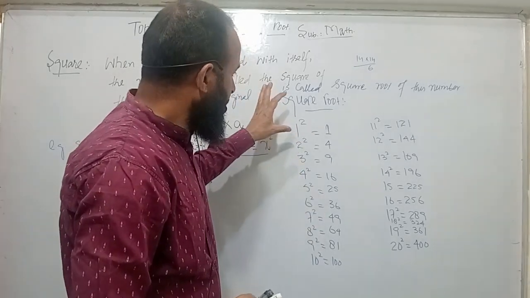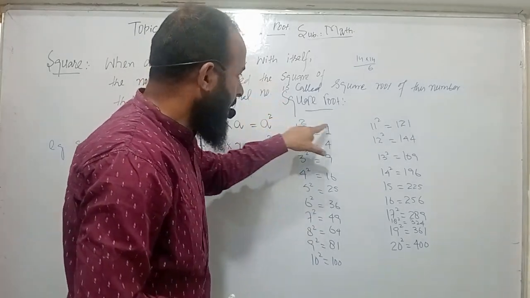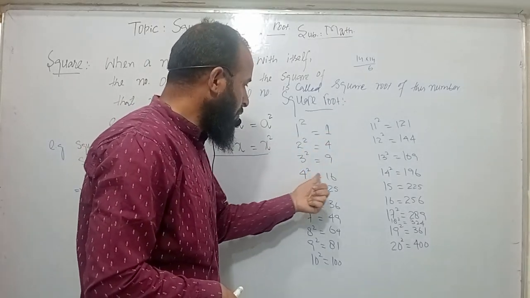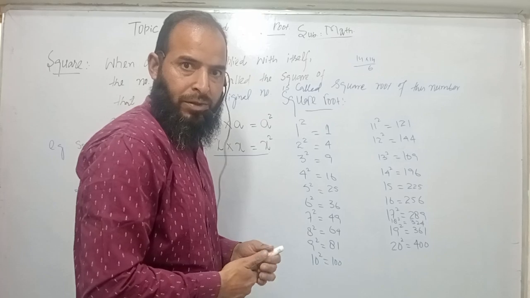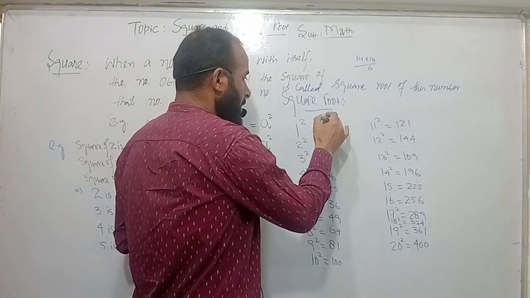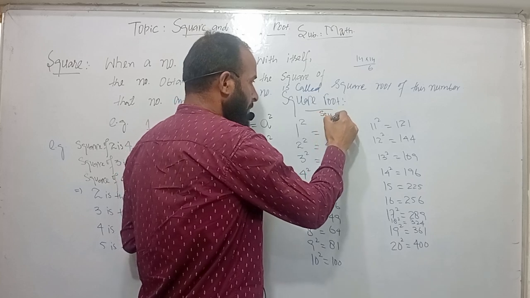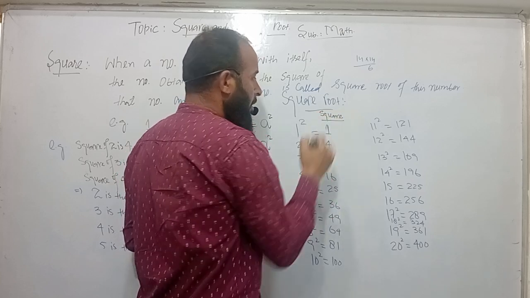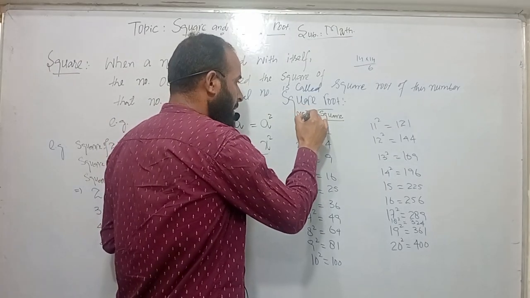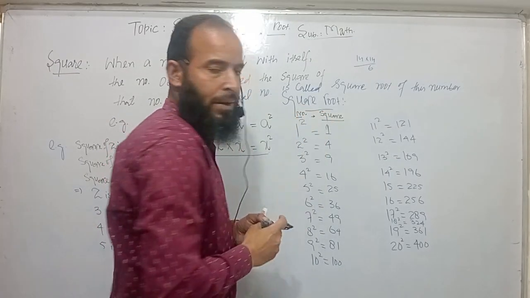So, see, 1 square is 1, 2 square is 4, 3 square is 9, 4 square is 16. Okay, now this is the square of the number. Okay, this is the number and square.